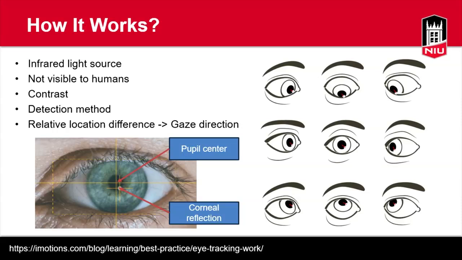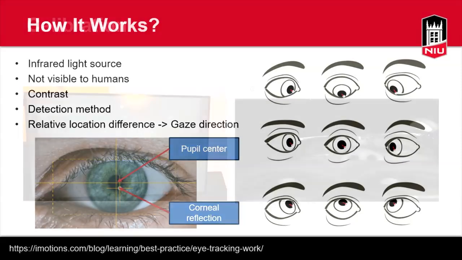It's a pretty strong light, but the good thing is it's not visible to humans, so it doesn't bother where we are looking. After emitting the light, they make a good contrast over our eyes. That way they can do image detection to figure out where the pupil center is and where the corneal reflection is. Depending on their relative location difference, as you see in the right photo, they can estimate the gaze direction.